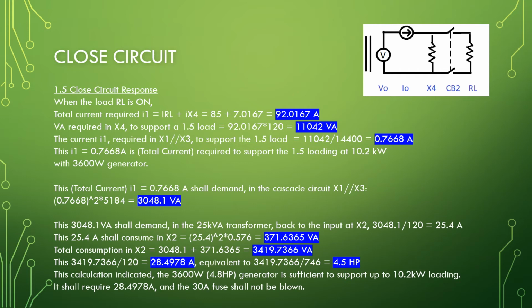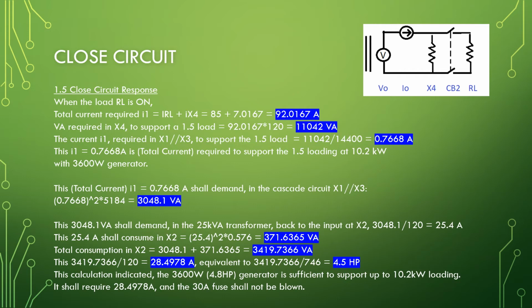This total current I1 equal to 0.7668 ampere shall demand in the cascaded circuit X1 parallel X3 equal to 0.7668 squared times 5,184 equal to 3,048.1 VA.